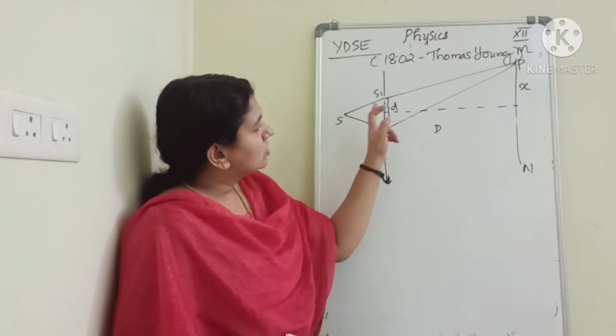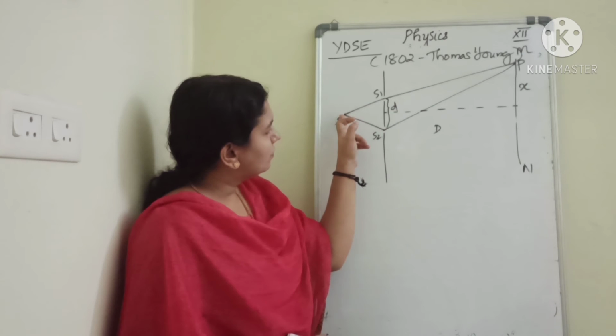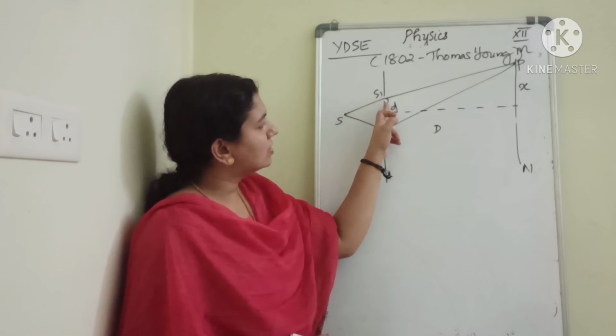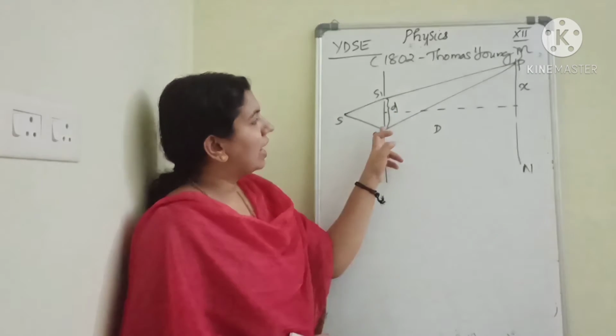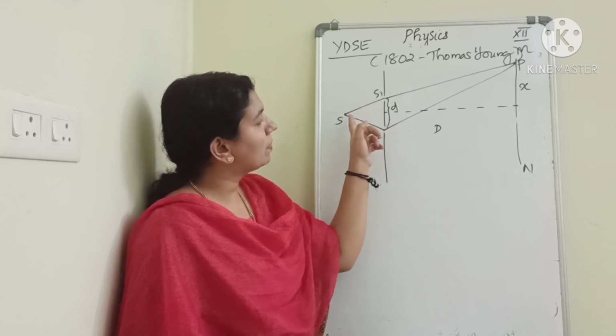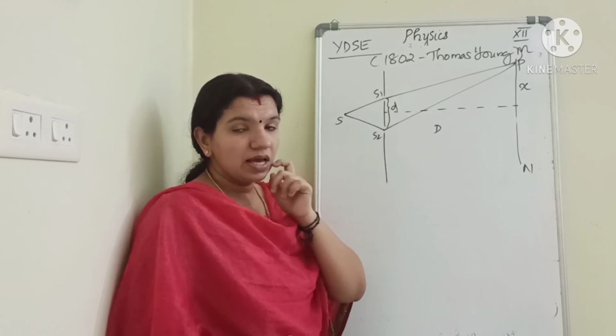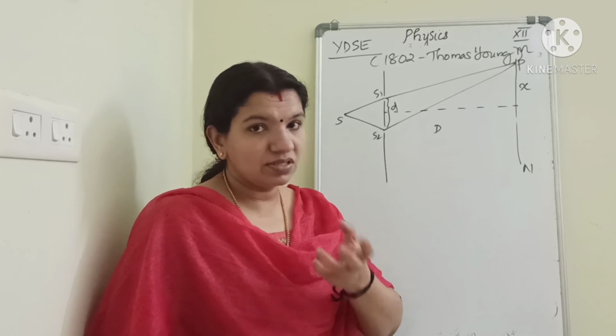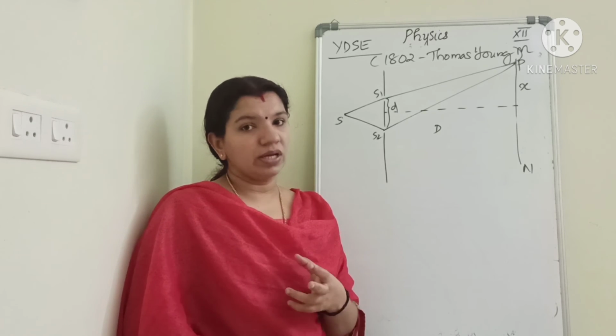Okay. So the light waves passing from the source will pass through the slits, and what will happen? Why are we allowing them to pass through the slit? It is to make the two sources coherent.